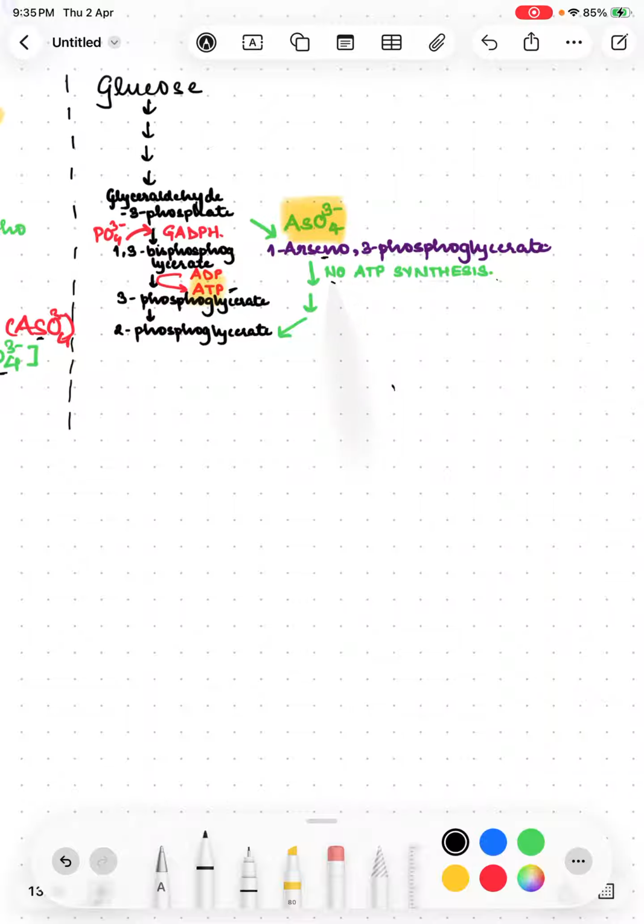So ultimately there is no ATP synthesis if this arsenate is added. Now as we have seen in the earlier session, in glycolysis two molecules were utilized in the initial reaction, and 4 were synthesized, and 2 molecules of NADH were synthesized.